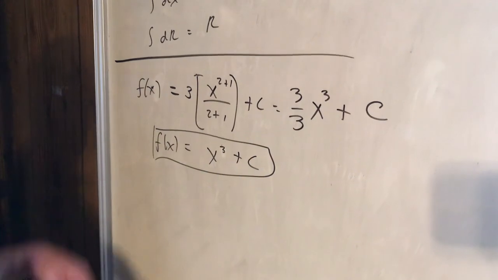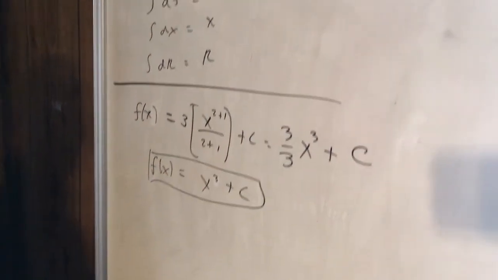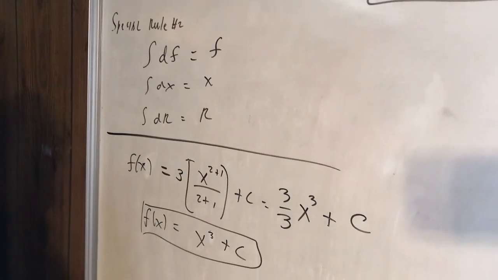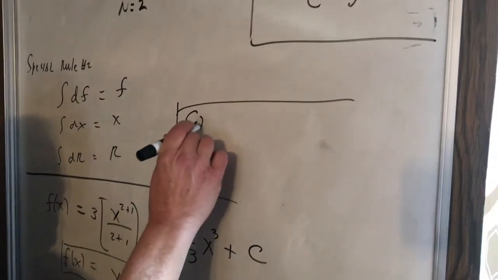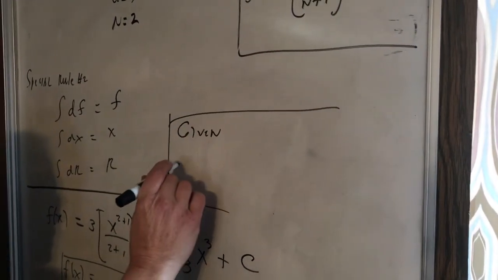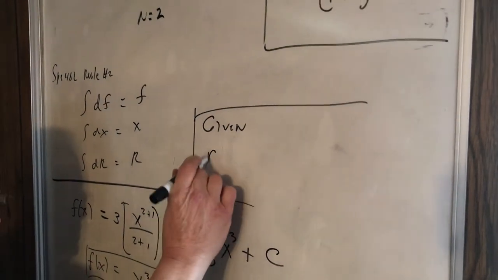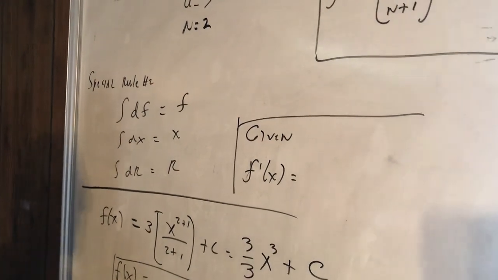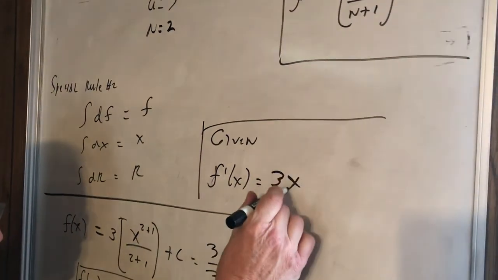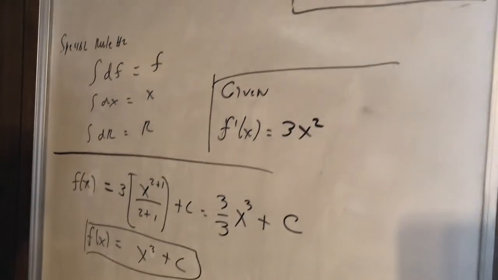Now, what was my original function here? I started out with, before, given f prime was equal to 3x squared, right? I came back to here.